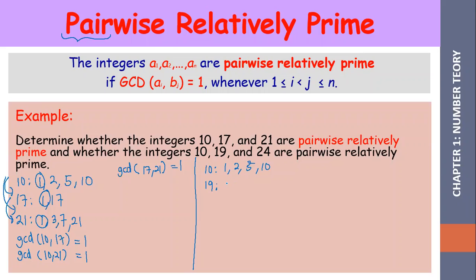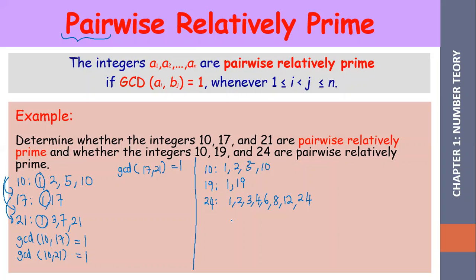Divisors of 19? 1, 19. How about 24? 24 is 1, 2, 3, 4, 6, 8, 12, and etc. Again, kalau you tak sure, you kena try lah.